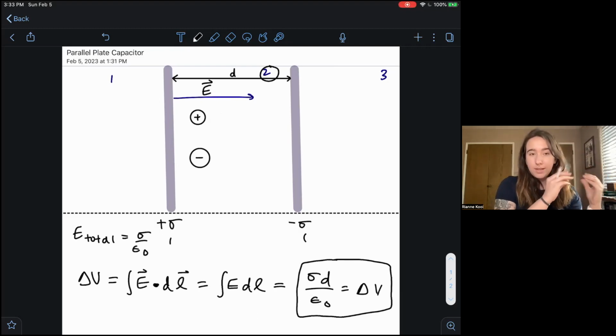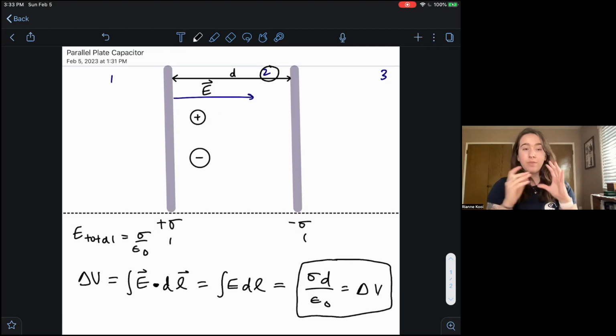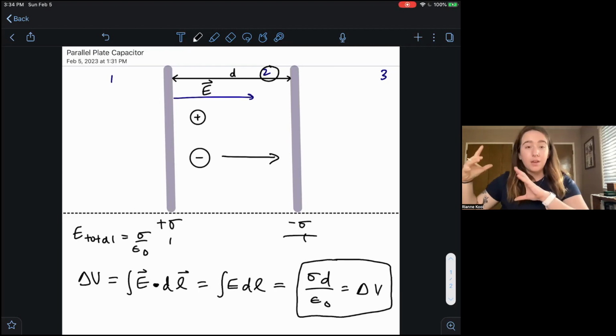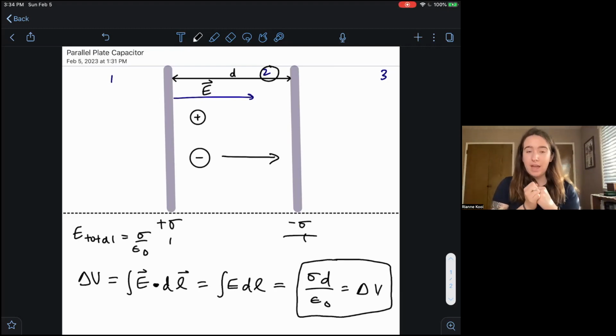So the positive charge is going to want to follow that path and move towards the negative plate on the right. Whereas the negative charge will not want to move in the same direction, because that's going towards a negative sigma on the right-hand side. It's going to feel pulled away from that negative charge. It doesn't want to go anywhere near it. It's going to want to go towards the positive sigma over on the left-hand side.